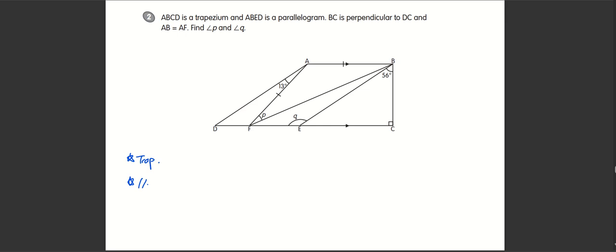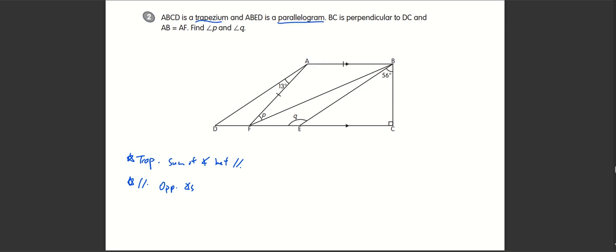And that will include things like sum of angles between parallel lines is 180, and then also opposite angles are equal. Right, so these are the first two hints that's given here in the question.